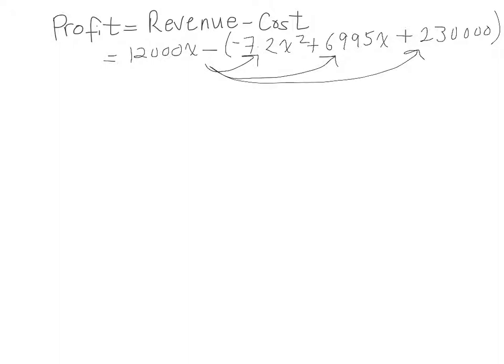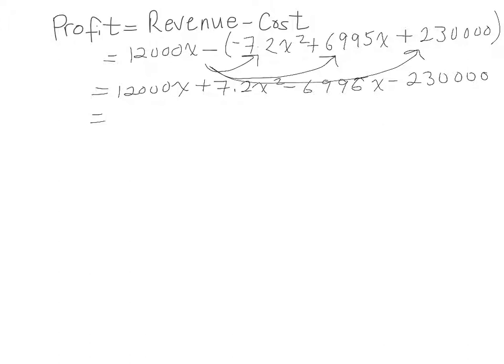So if we're going to drop the bracket and collect like terms, we need to be changing the sign of each of these terms. So we can do that first. So that's now going to be plus 7.2x squared. This is now going to be minus 6,995x and minus 230,000. We're going to collect like terms, and the only terms that we can add together are the two x terms.